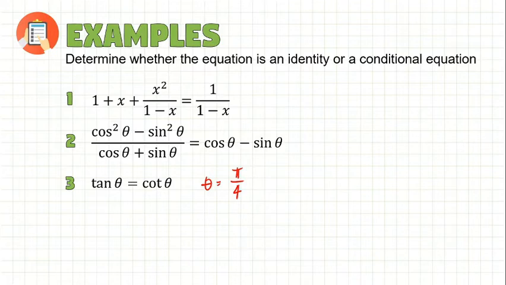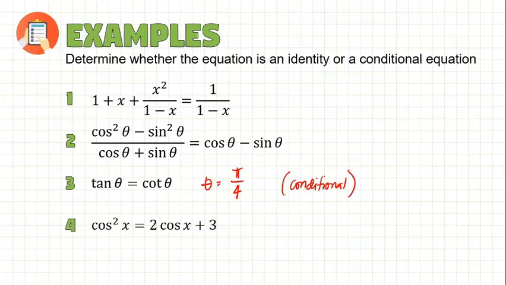So in that case, this equation is not an identity but a conditional equation. And for the last one, we have cosine squared x equal to 2 cosine x plus 3. So this one is not an identity. So therefore, this is a conditional equation.